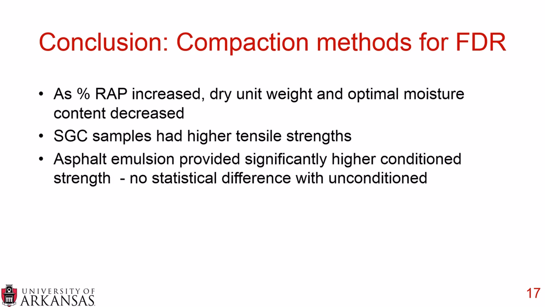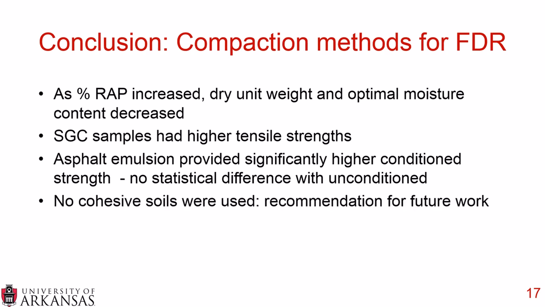We found that the asphalt emulsion provided significantly higher conditioned strength, but there was no statistical difference with the unconditioned samples. And then I think most importantly, we did not use cohesive soils. FDR does sometimes go down into natural subgrade, which means that you could enter some cohesive material. And that is a recommendation for future work.